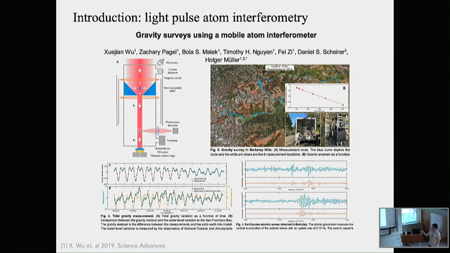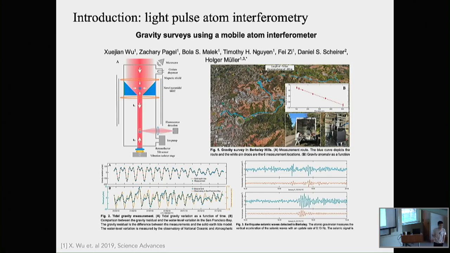Then we got this plot of gravity versus elevation, and you can see the relationship between elevation and gravity. From this relationship, we can determine the density of the rock in the Berkeley Hills area.